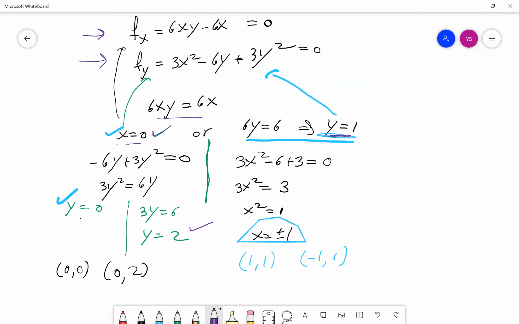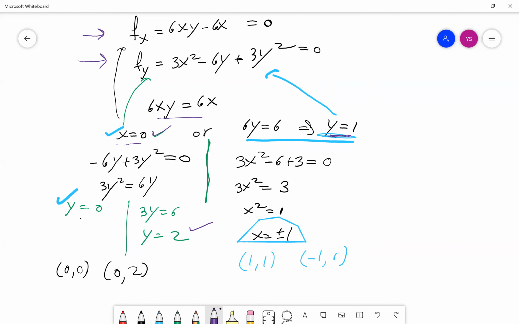For y is equal to 1, we plugged that into the second equation, and again got 2 points. And those are also 2 critical points. So these are our critical points, and now we want to know which are the minimum, maximum, or saddle points. So the next piece of information that we need is our D of x, y.